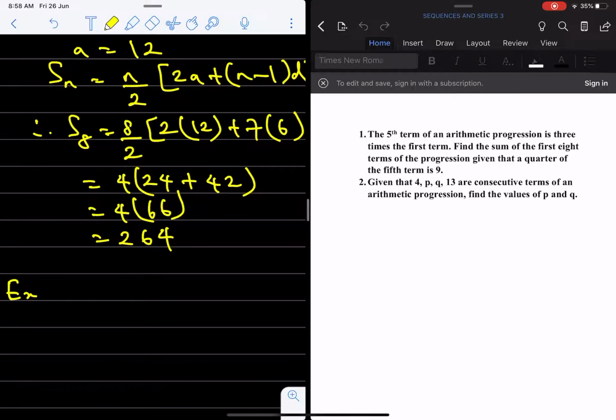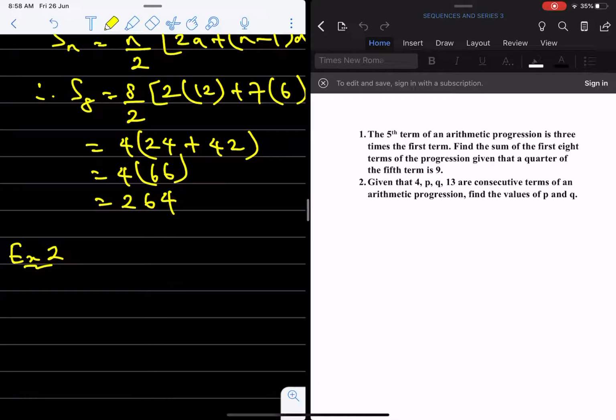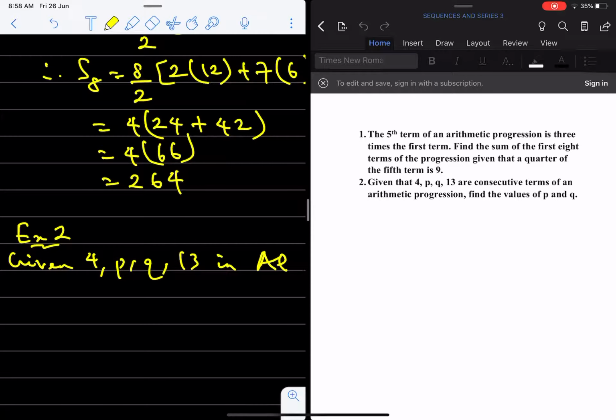Now let's take example 2. That says, given that 4, P, Q, and 13 are consecutive terms of an arithmetic progression, find the values of P and Q. All right, given 4, P, Q, and 13 in arithmetic progression, T1 is a, and in this progression it is 4.